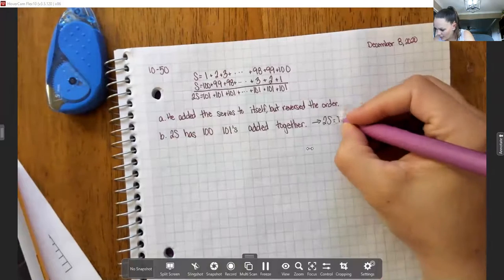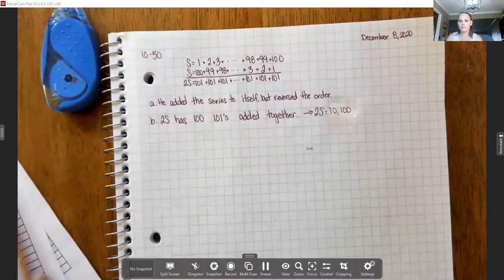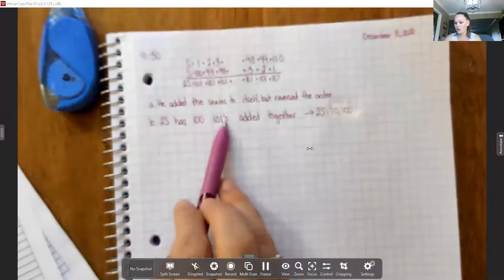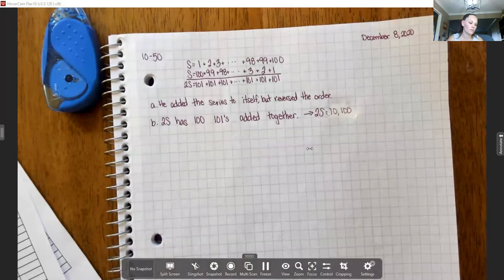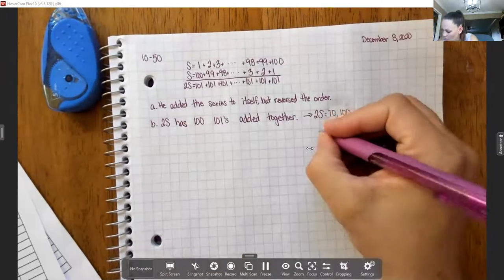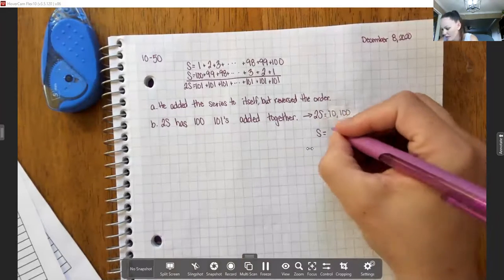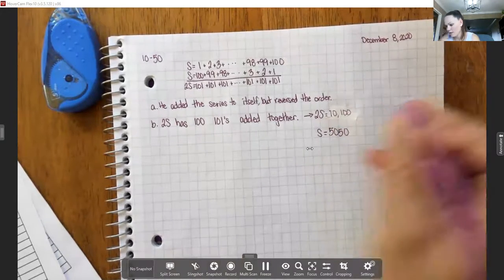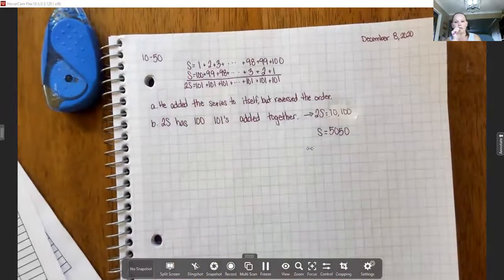So 2s is equal to 10,100, because 100 times 101 is 10,100. So that tells us that the sum is really 5,050. So if you add the numbers 1 through 100 together, you're going to get 5,050.